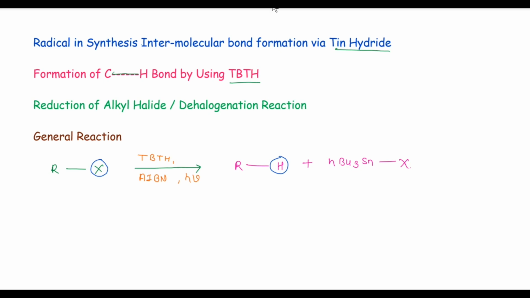Before moving to the reaction mechanism, first let us see the long form of TBTH, the long form of AIBN and their structures. So the long form of TBTH is tributyl tin hydride.